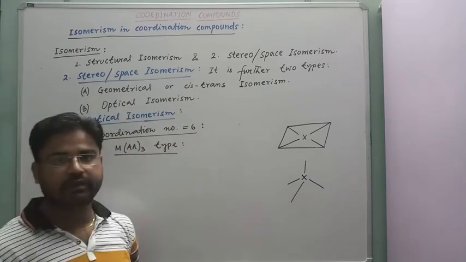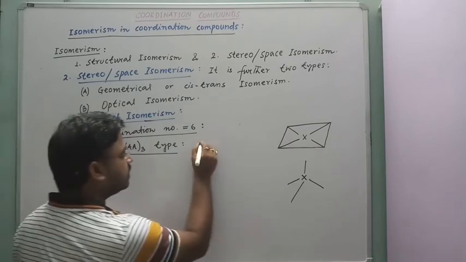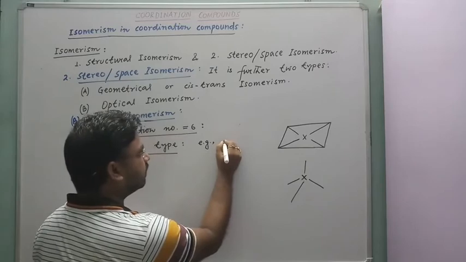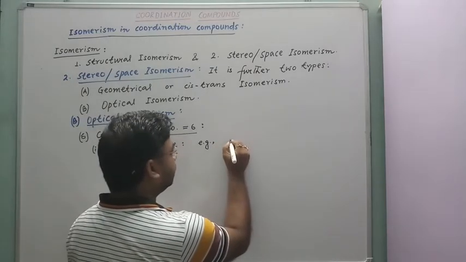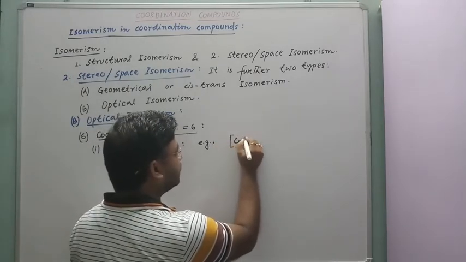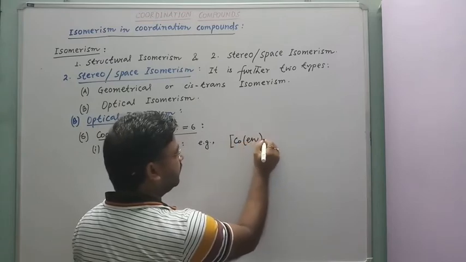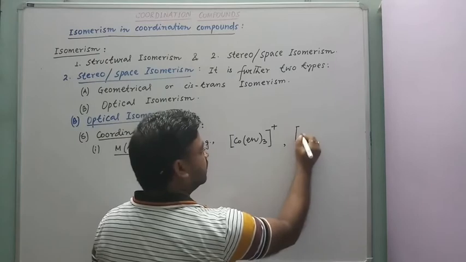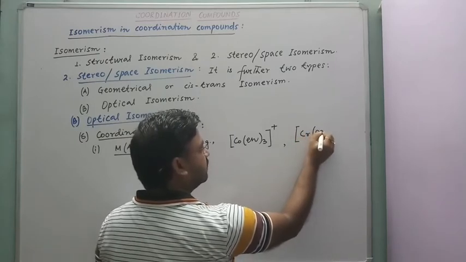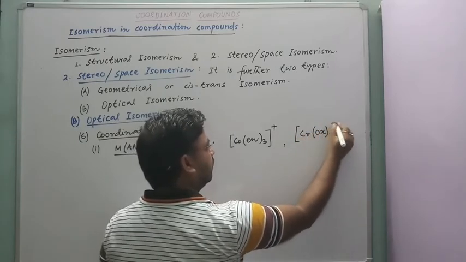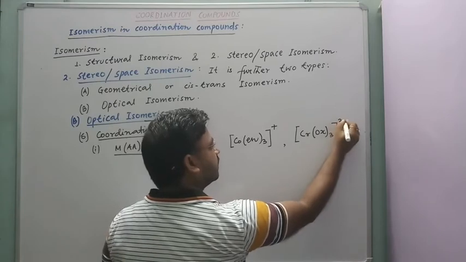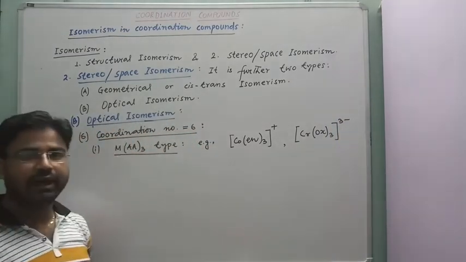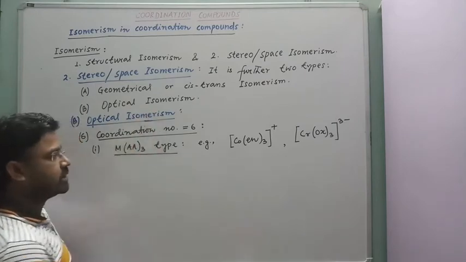So MAA3 type compound, for example, Co(en)3 positive, Cr(ox)3 negative. This kind of compound can show optical activity or optical isomerism.